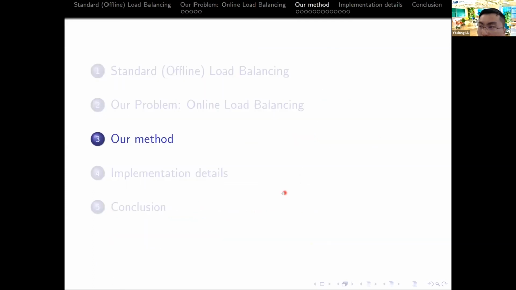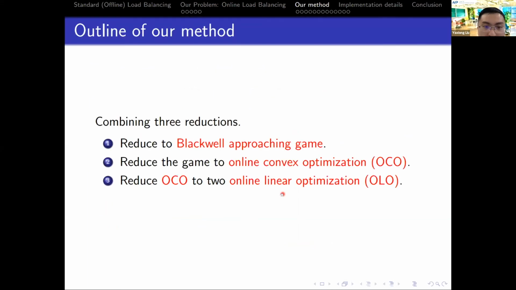Okay, now we come to the key point, our main method. Our reduction has three steps, from load balancing to the Blackwell approachability game, and then further to online convex optimization and to separated online linear optimization.